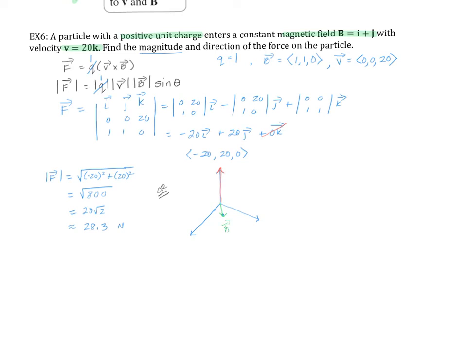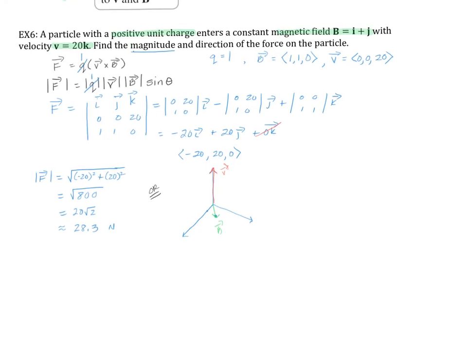Okay? And this would be our V. Oh, that's a terrible arrow. So B is in the xy plane, V is going up in the z direction, which means these guys are actually orthogonal. So the theta is going to be equal to 90 degrees.